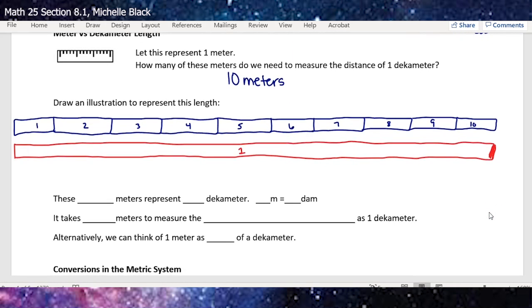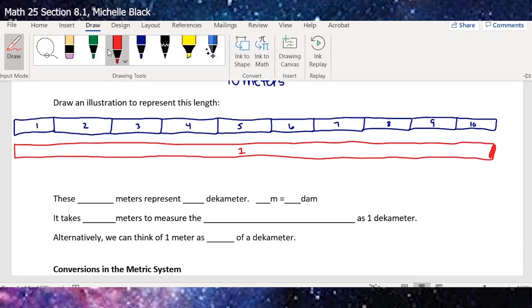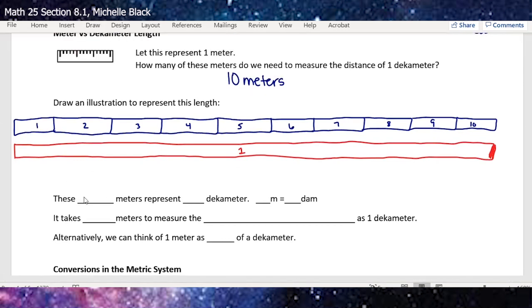So back here with this illustration, we notice that these 10 meters represent the same length or distance as 1 decameter. So 10 meters is 1 decameter.